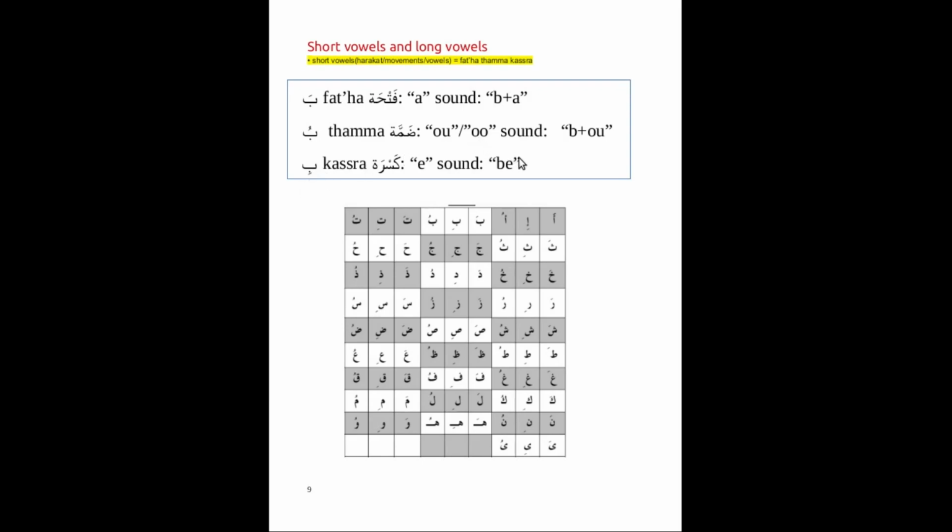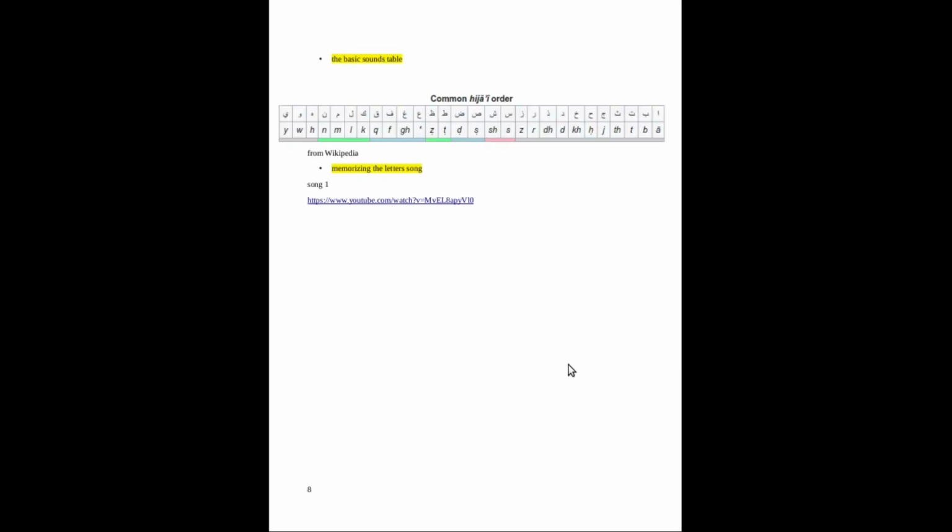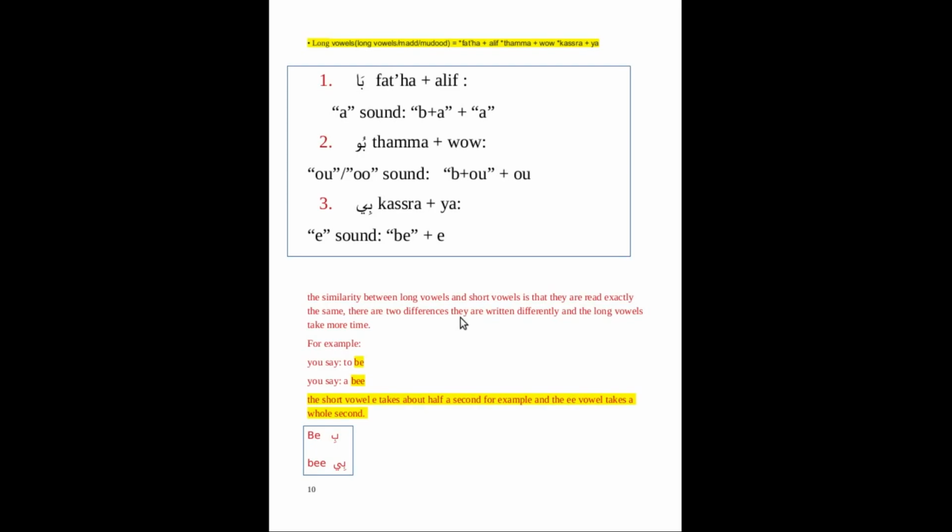So ba plus e is bi. It's very simple. A, u, i, ba, bi, bu, ta, ti, tu. So this is always at the top. This is always at the bottom. This is on top, at the bottom, and this is also always on top. That's it. That's how it's written. And also the video that I've shown you earlier will help you memorize these, so don't worry.